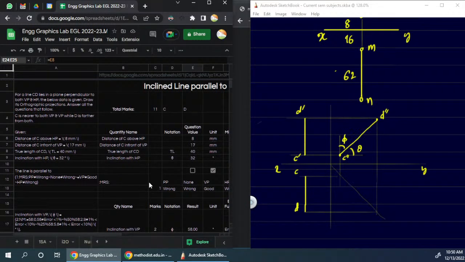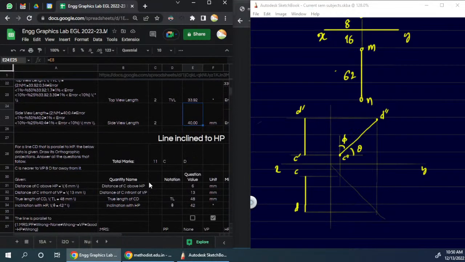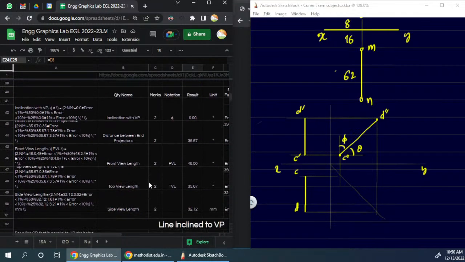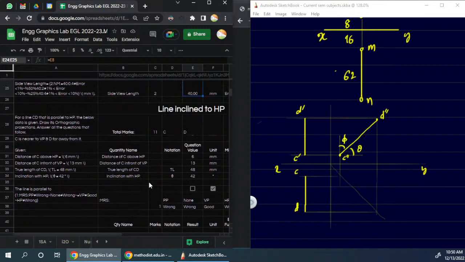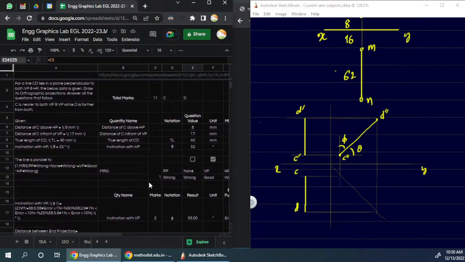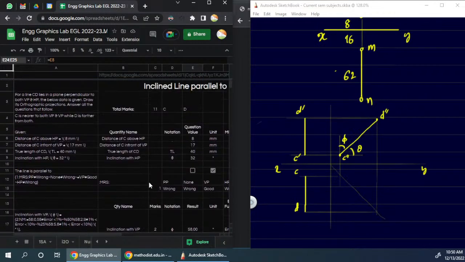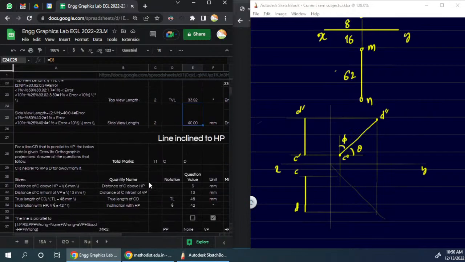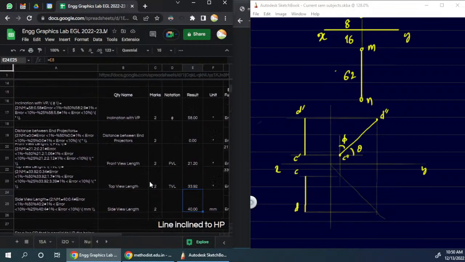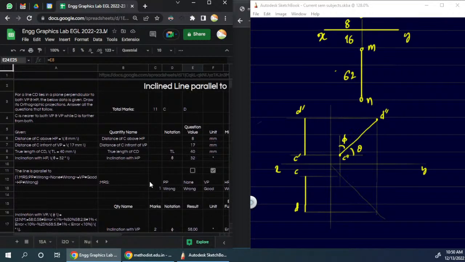We're going to have 3 questions, the same quiz. One question where it's going to be parallel to both, one question where it's going to be perpendicular to one, and inclined. Parallel and perpendicular can be grouped into one quiz, and inclined to one plane can be combined into one. Then of course we have another quiz. So there are going to be a total of 3 quizzes over here.